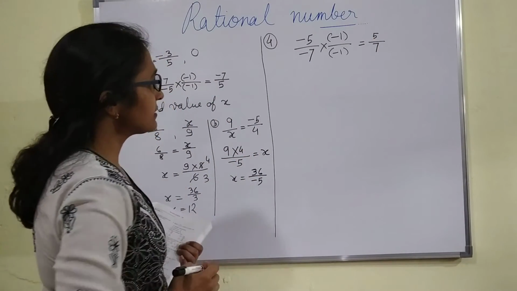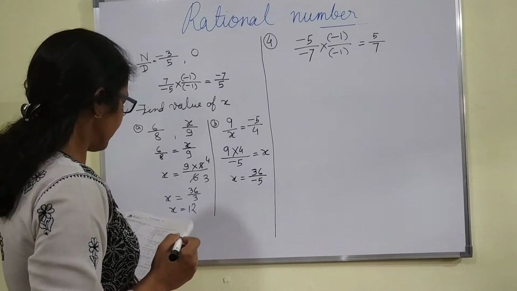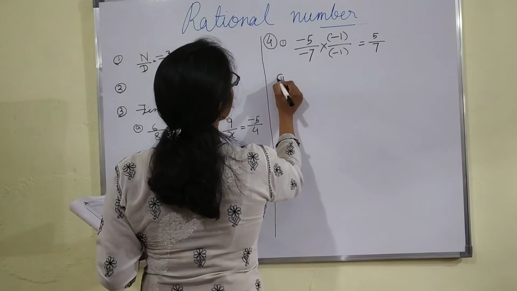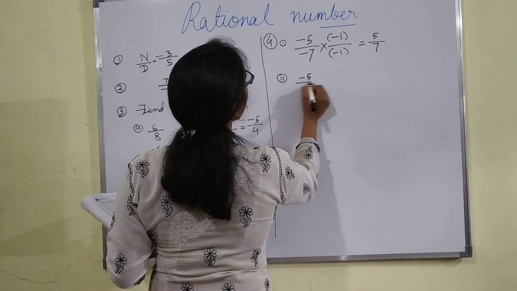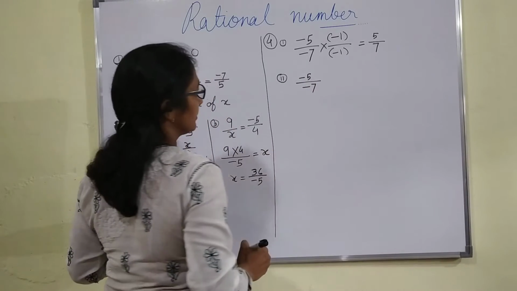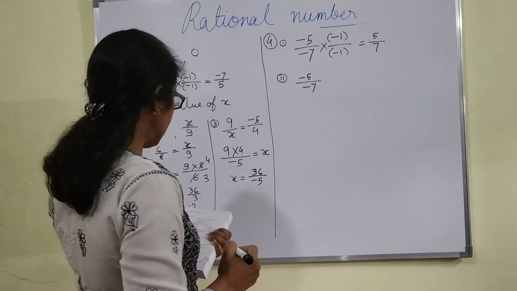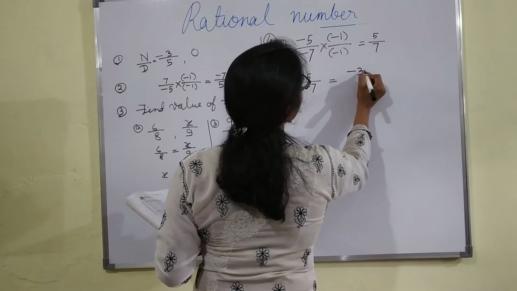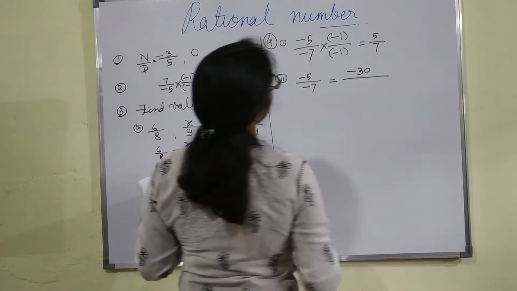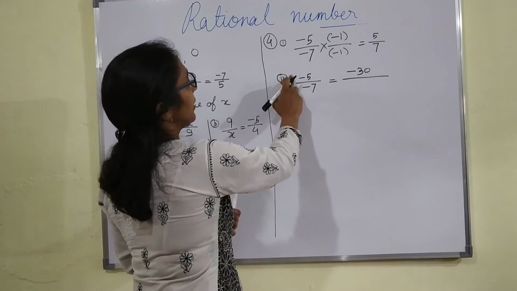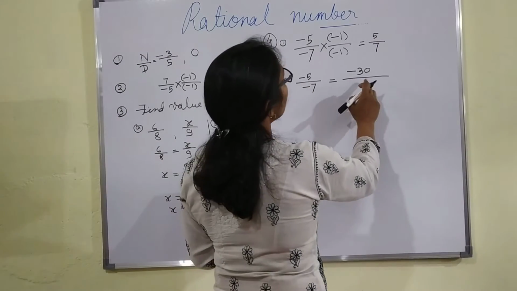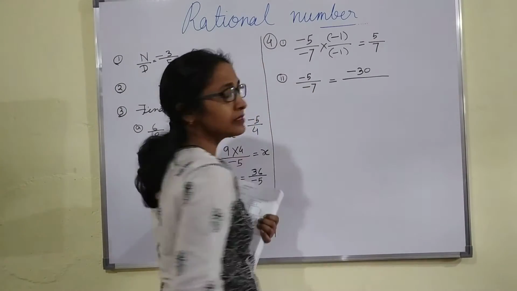Now the next question: if there is a rational number minus 5 upon minus 7, how will we make its numerator minus 30?